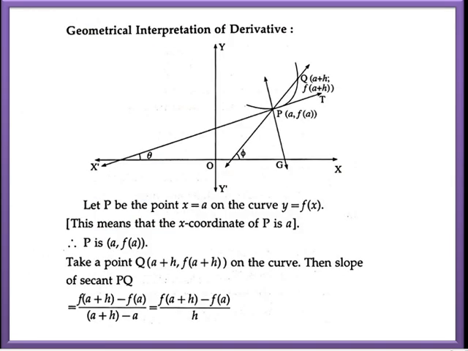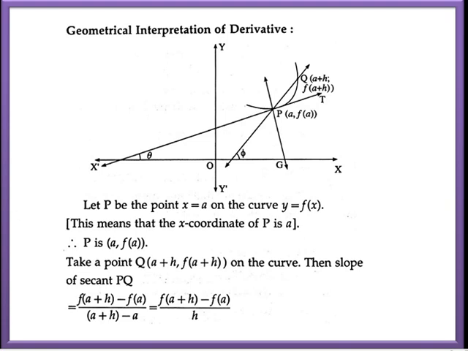Now this is the most important part, that is, the geometrical interpretation of the derivative. First I will tell you the interpretation and then its proof. Geometrically, f dash of a, that is dy/dx at x equal to a, represents the slope of the tangent to the curve y equal to f of x at the point x equal to a on the curve.